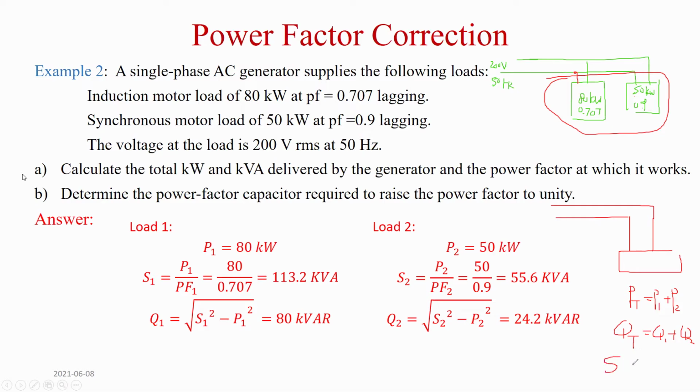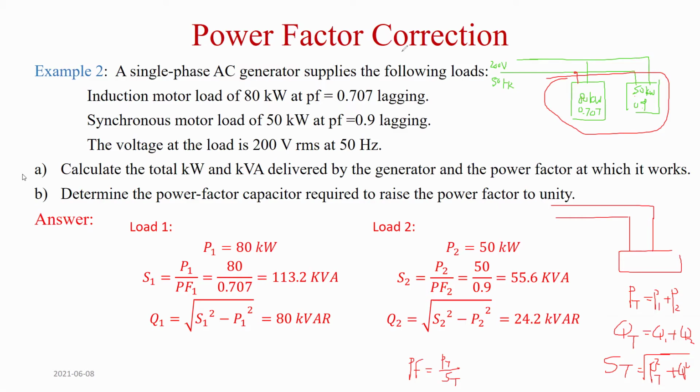Then you can find S total. It's not by adding now, no. S you don't add. You find the square root of P total squared plus Q total squared. This is how you find S. Then you can find the total power factor, which is P total over S total. This procedure you always need to do when you do power factor improvement, because you need to know what is the total load, so then you know what capacitor you need to connect.